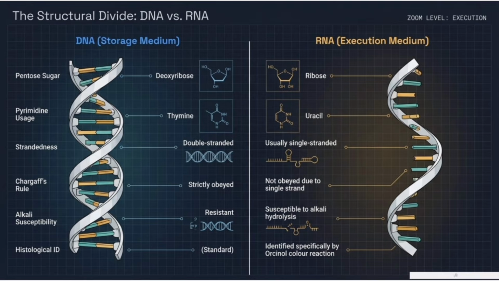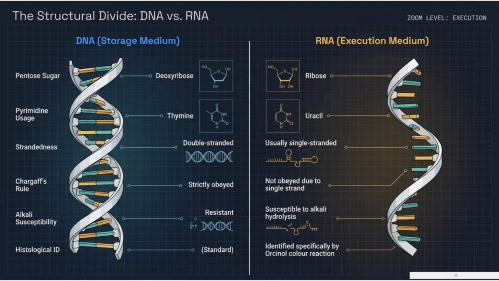DNA and RNA are very similar, but differences exist in their structure. For the pentose sugar, we have deoxyribose in DNA and ribose in RNA. There's thymine in DNA while uracil is found in RNA. DNA is double-stranded while RNA is usually single-stranded, but at certain times we find it folding against itself.